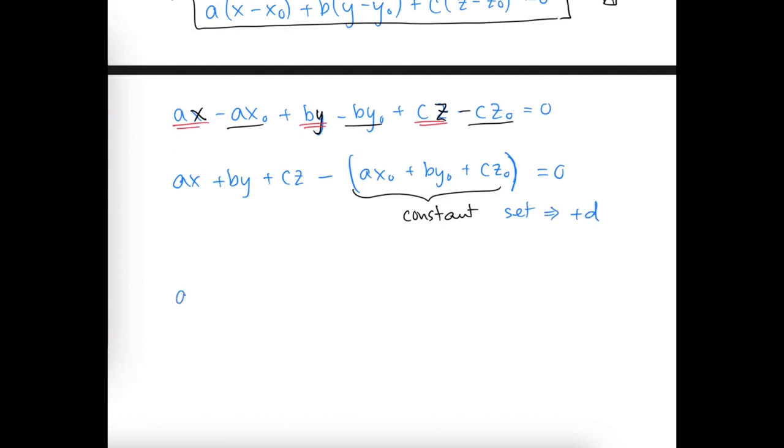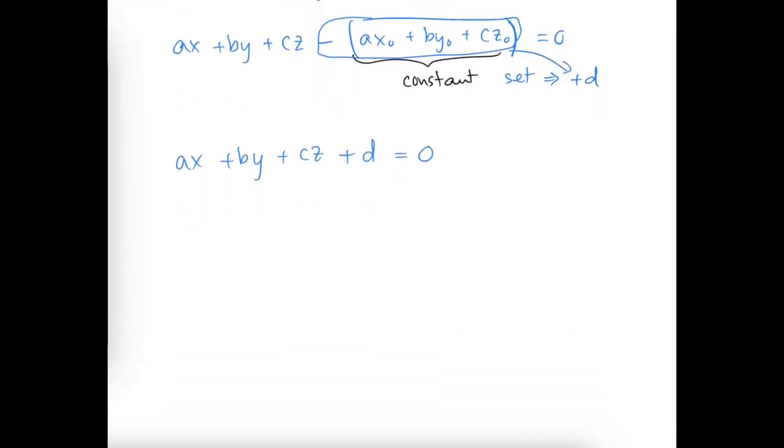So what we end up having is ax plus by plus cz minus a constant. We might as well just call that plus d, some other constant, and set that all equal to 0, right? Instead of having to say all this, we're just going to say, let's just add a constant, okay?